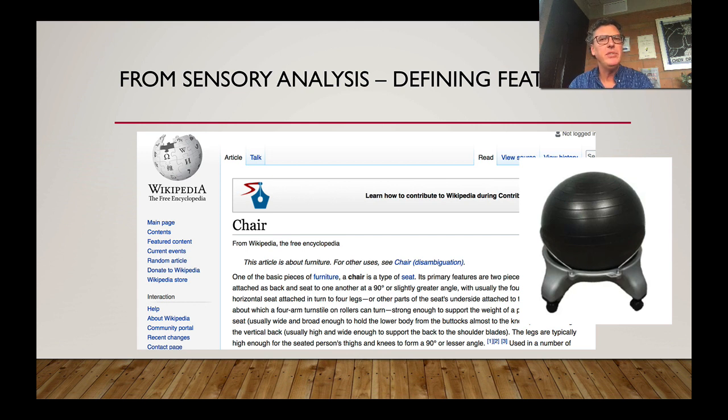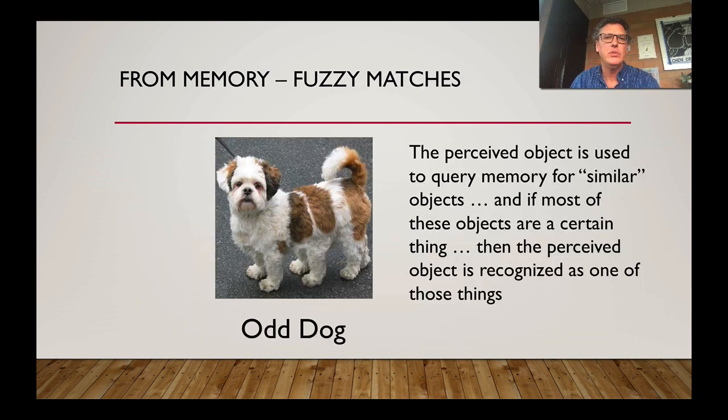People have come to believe that yes, defining features help. When the brain can lock on to some feature, that might make it easier to recognize something. But most psychologists don't think that is the primary process of recognition. They think of it a little differently, in terms of something called fuzzy matches. What is this thing?